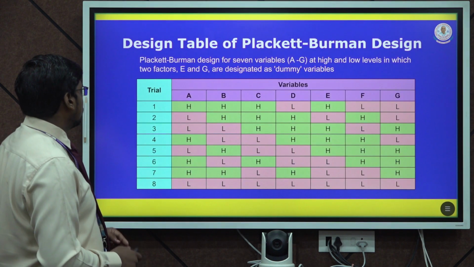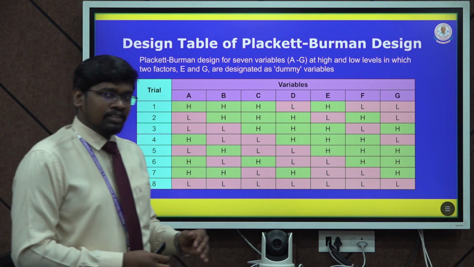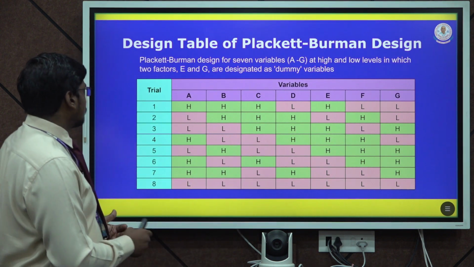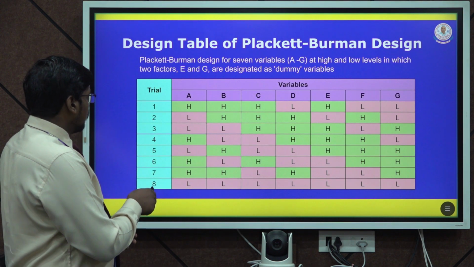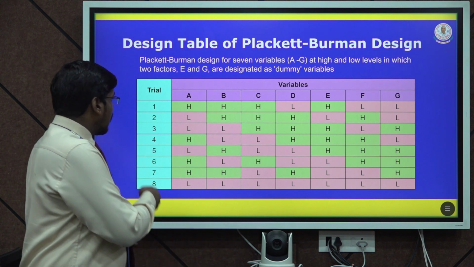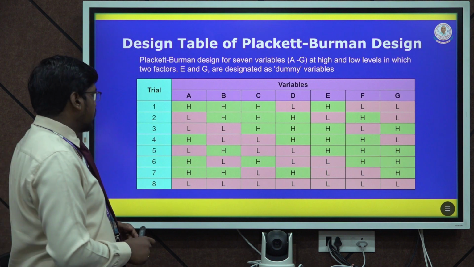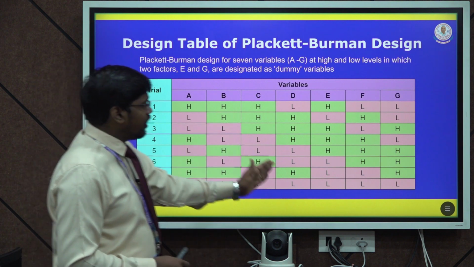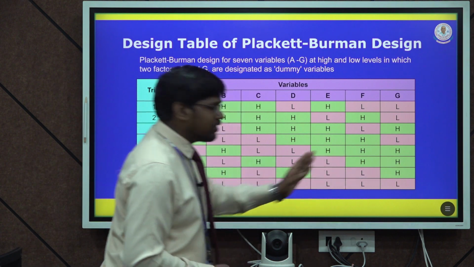So, the Plackett Burman design table for 8 experiments is given here. This design has 7 variables, A, B, C, D, E, F and G, and we have 8 trials. In these 8 trials, we are taking factors E and G as dummy variables.